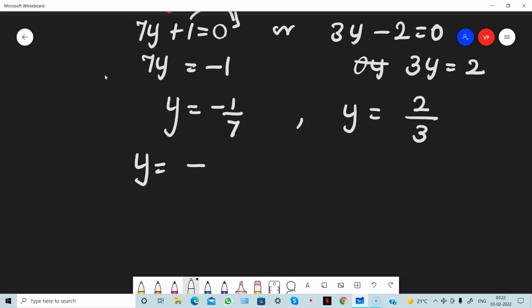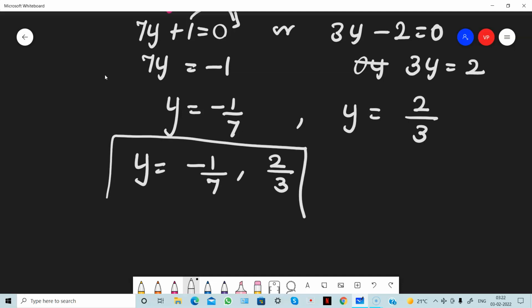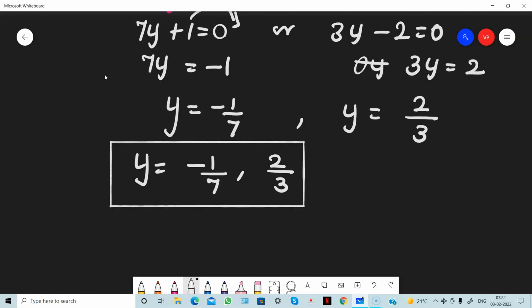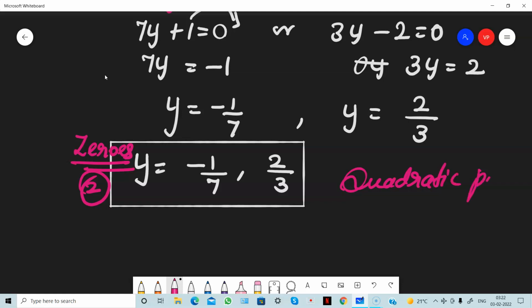These are the zeros: minus 1 by 7 and 2 by 3. So we have factorized and found the zeros. Okay students, how many zeros do you have? Two zeros. Why? Because the given equation is a quadratic polynomial. So we have two answers. Okay students, what is the next step?